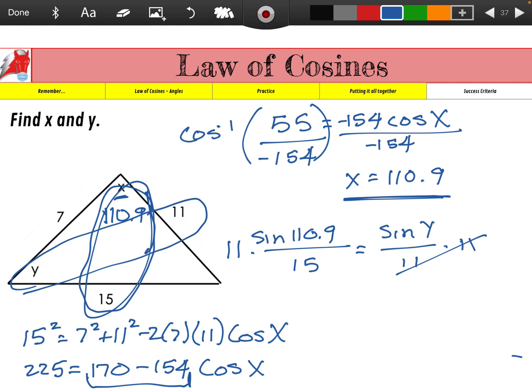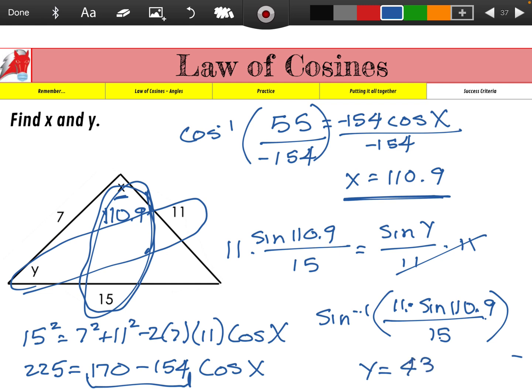So if I'm finding the angle, sine inverse 11 times 15, all that in there. So I get y equal to, there you go. Okay, now with that, I can find the third without having to do any work, right? I can do that piece.